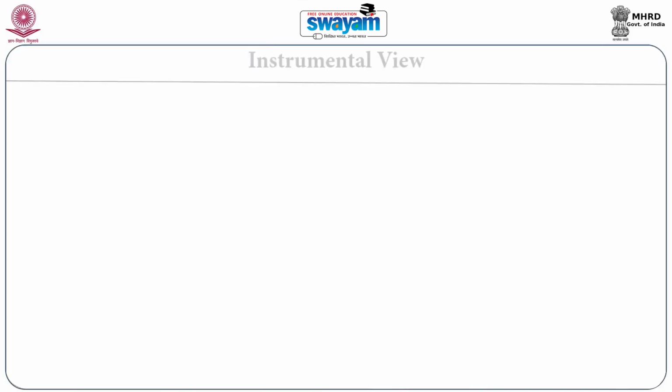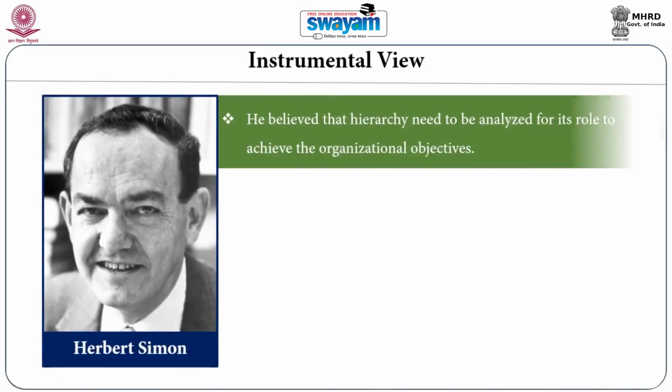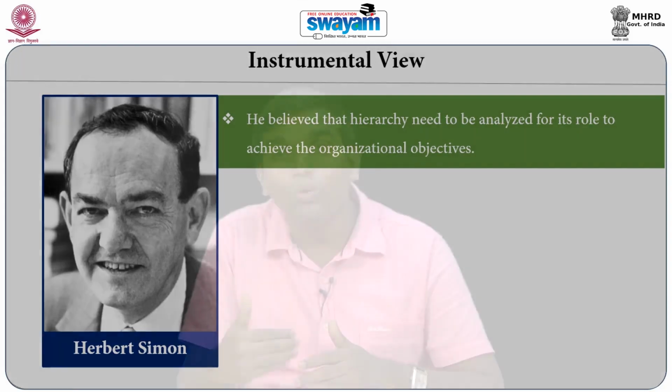The conventional view of hierarchy is attacked by scholars like Herbert Simon. He proposed this instrumental view. According to him, hierarchy is not an end. Hierarchy is a means. Hierarchy has to be analyzed in the context of its role to achieve a particular goal.